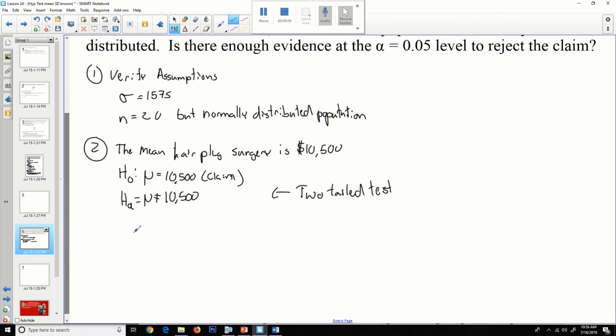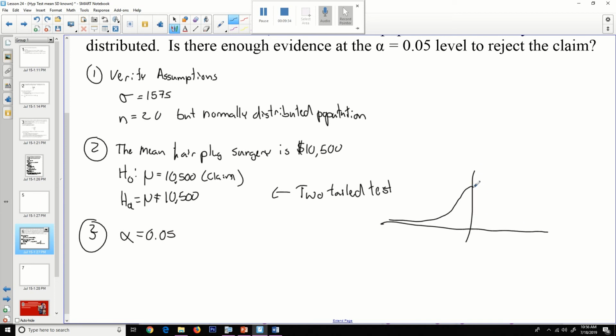All right, so we gotta be careful there because we're gonna split our area up into two parts. And so number three, our significance level is alpha equal to 0.05. And remember, since this is a two-tailed test, that means here we're putting in 0.025, and over here is again 0.025 of the area.